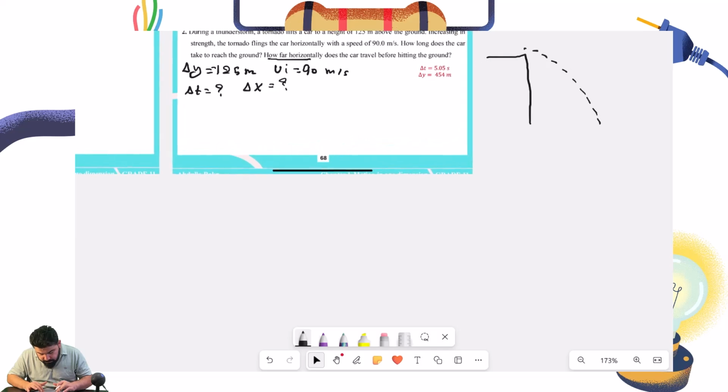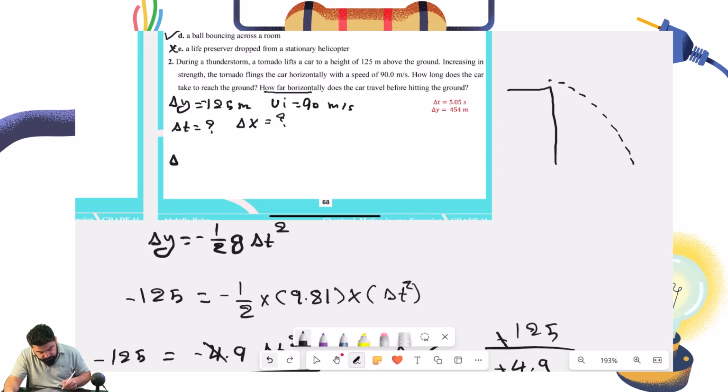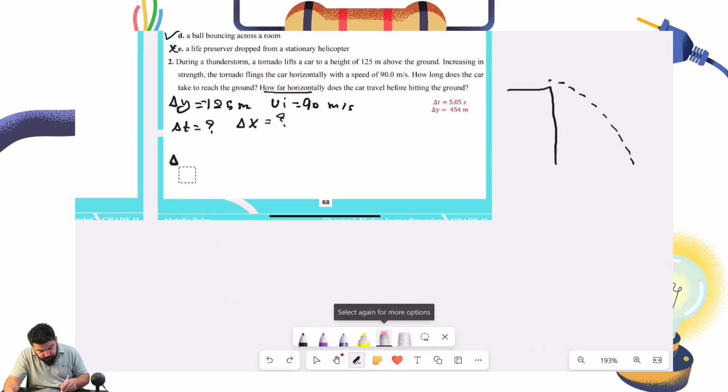Now what about how far horizontally does the car travel before hitting the ground? So what do I need to find here? I need to find the delta x. So I know that Vx initial is equal to delta x divided by delta t.